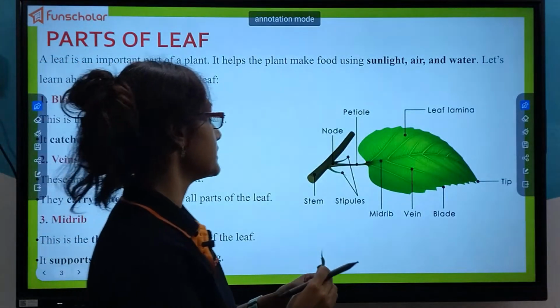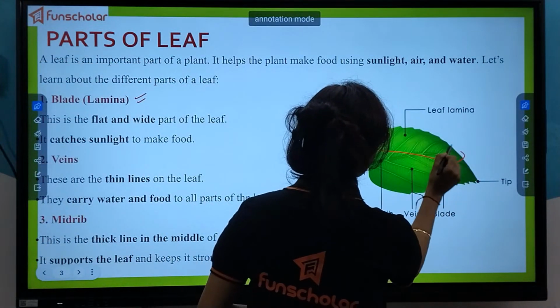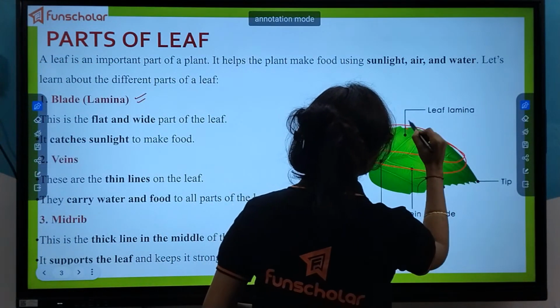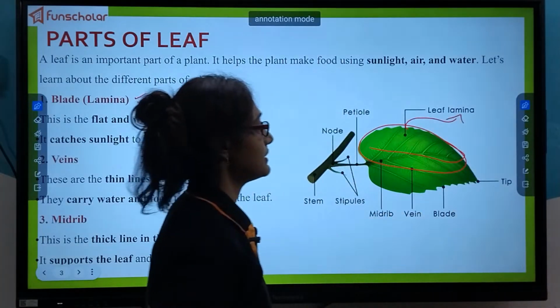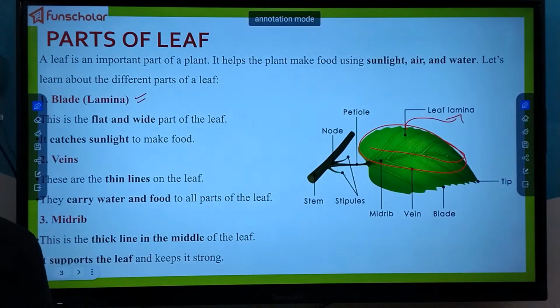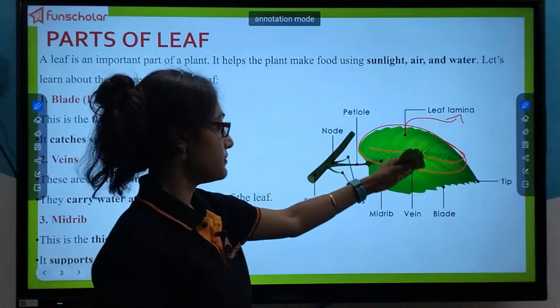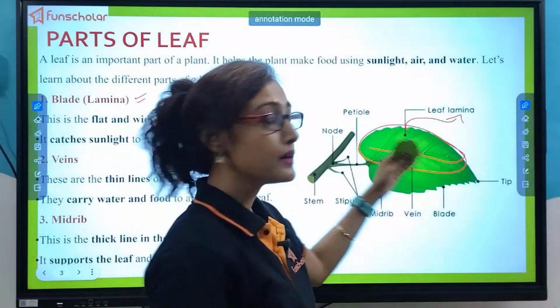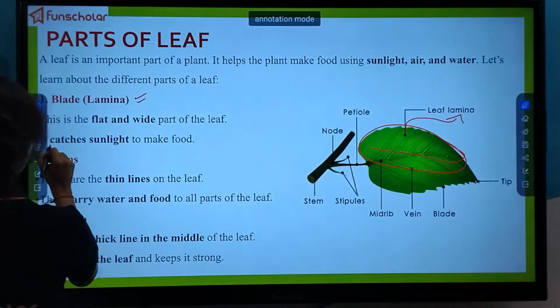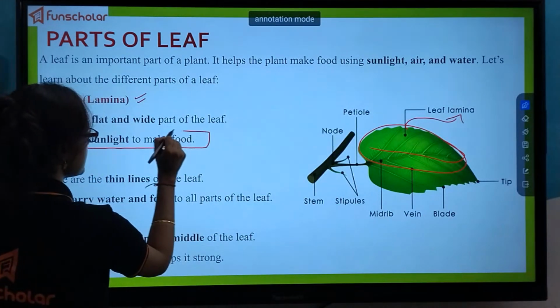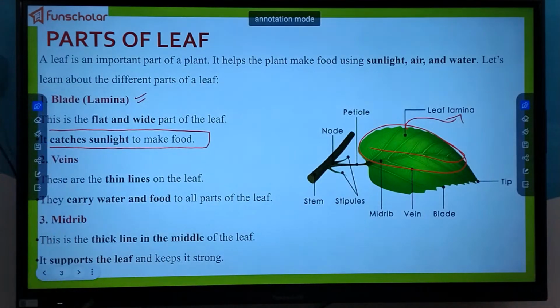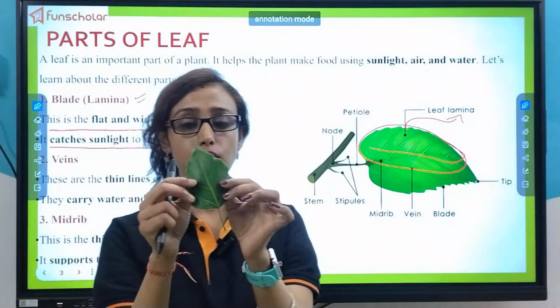Just now I have told you this broad part is known as leaf lamina. Okay, why it is broad, ma'am? Because it helps to catch sunlight, which is very necessary for the plant to make what? Food.